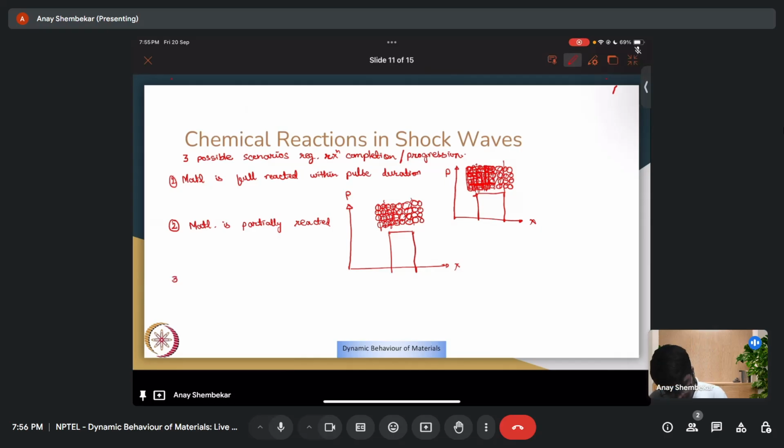And the third case is material continues reaction after shock wave passes.